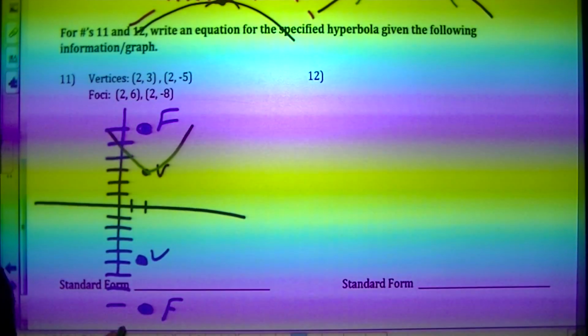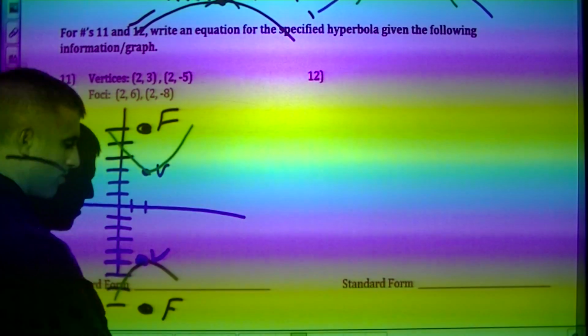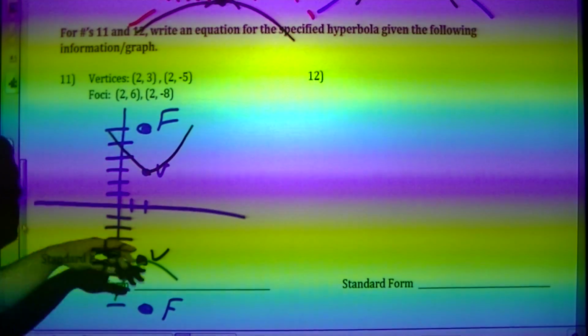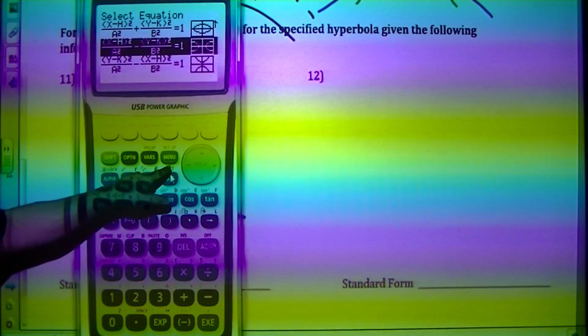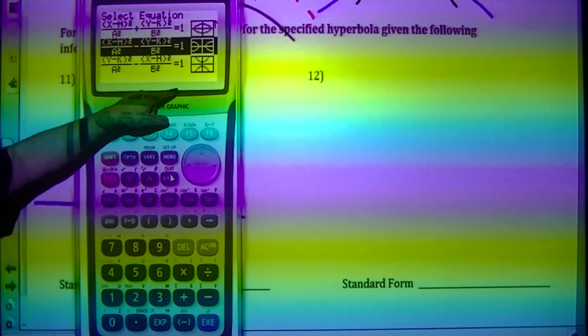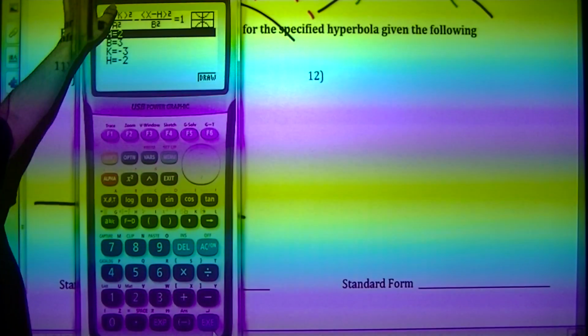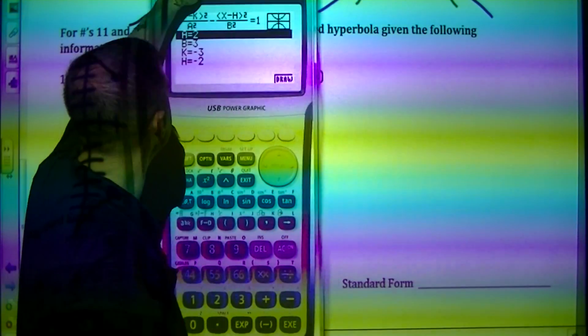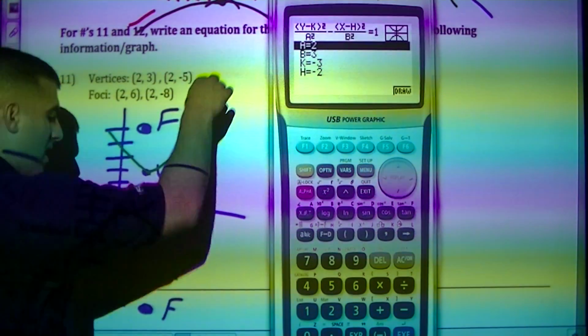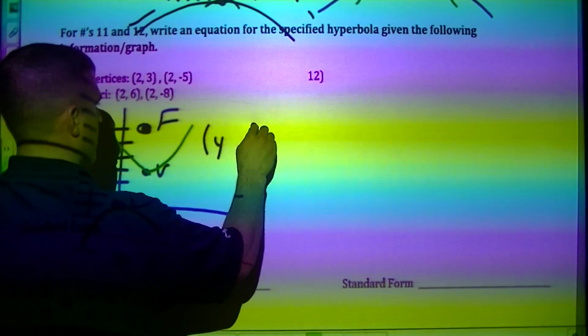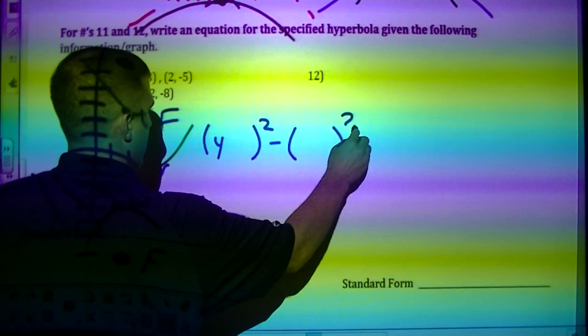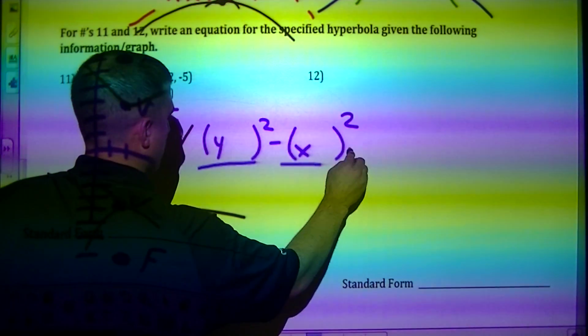So let's say you didn't know which equation this is. Well, go back here and look at the picture, and that's up and down. So I'm using this one, and that tells me y is going to be first. So I got y squared minus x squared over equals 1.